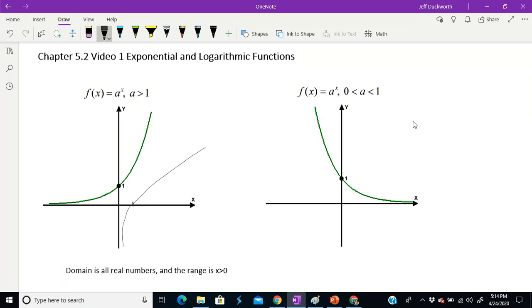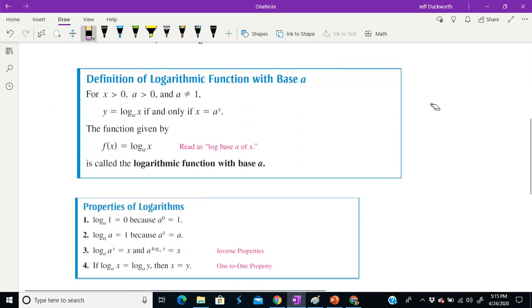Remember, the inverse should mirror the y equals x line. So we should have an imaginary line here that these are mirrored around. All right, so those are what the graphs look like.